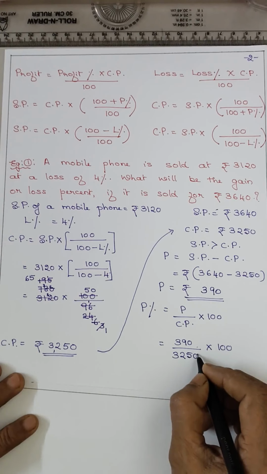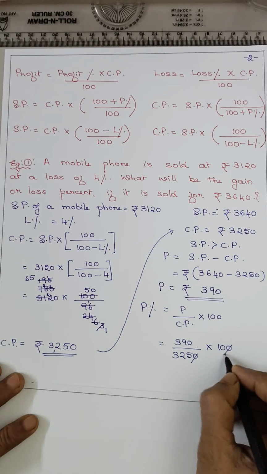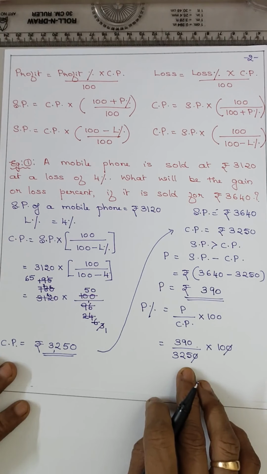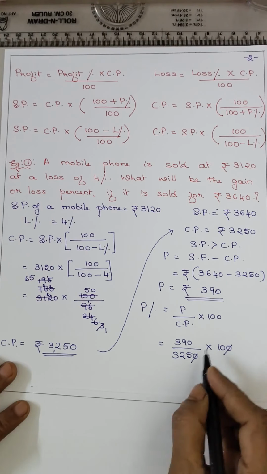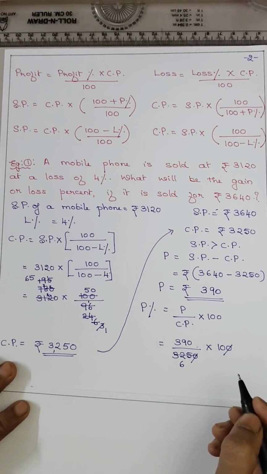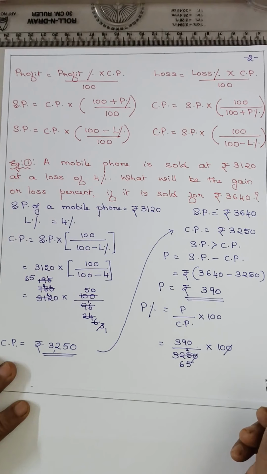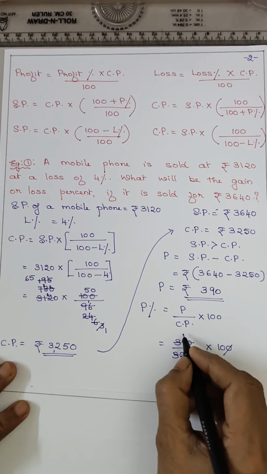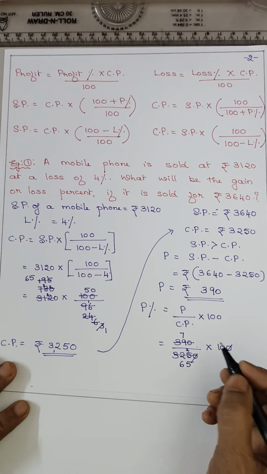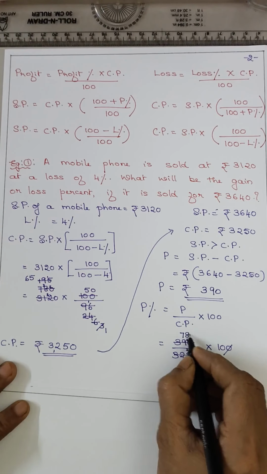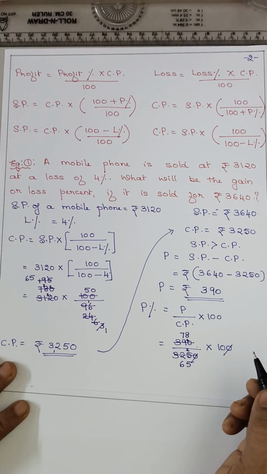Now 10 cut. Now 5 6 are 30, 2 remains, 5 5s are 25, 5 7s are 35, 4 remains, 40, 5 8s are 40.